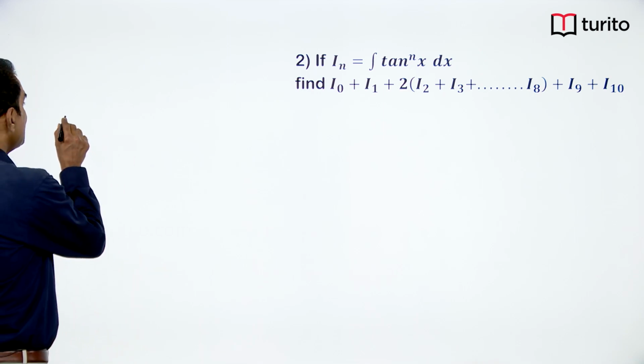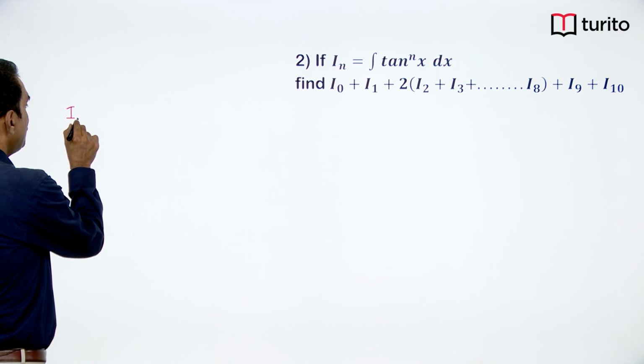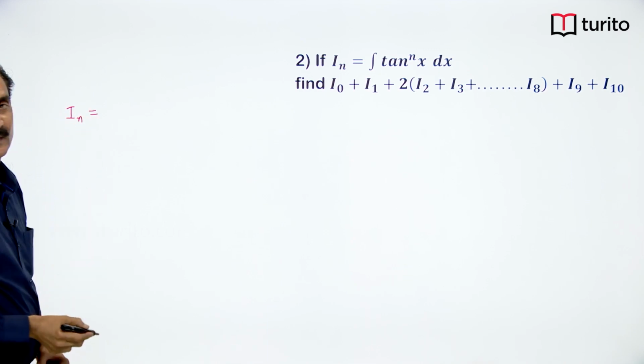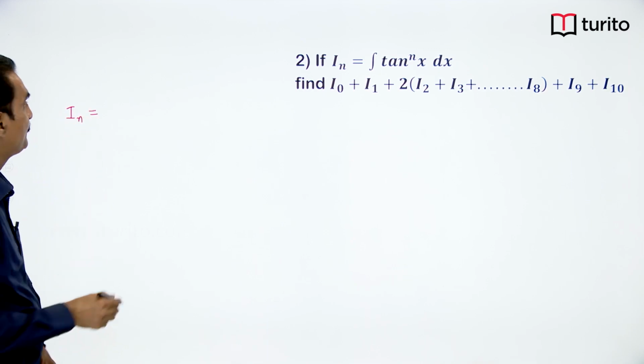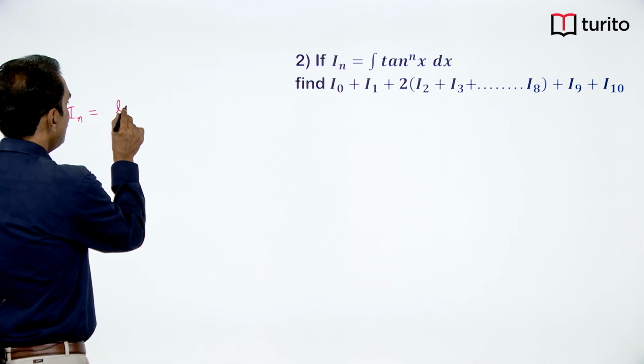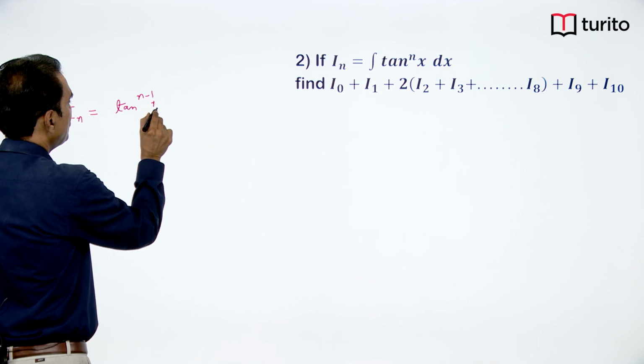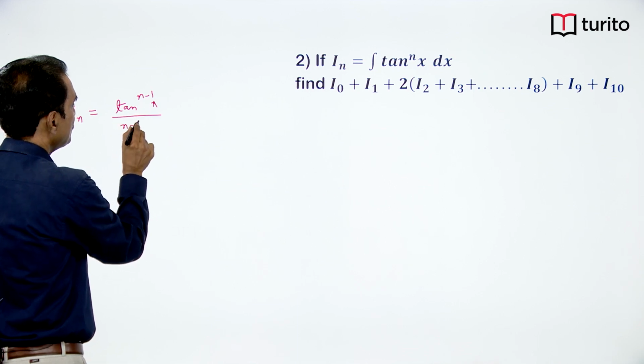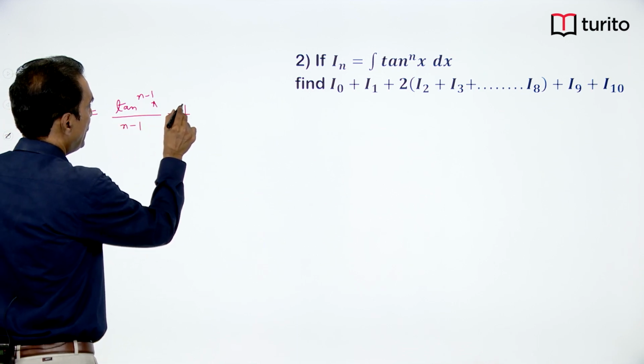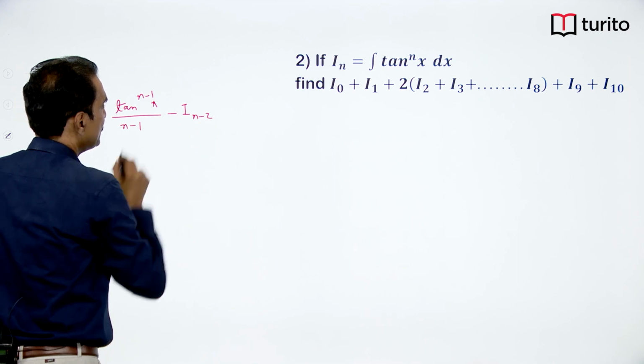Let us observe the reduction formula of tan power n x. In is equal to tan power n minus 1 x by n minus 1 minus In minus 2.